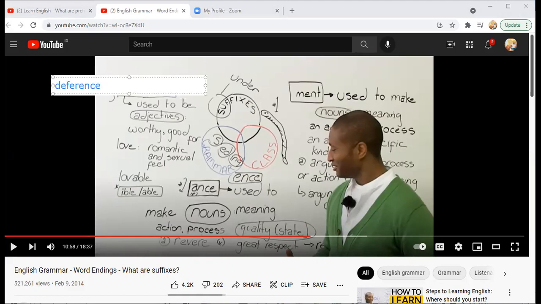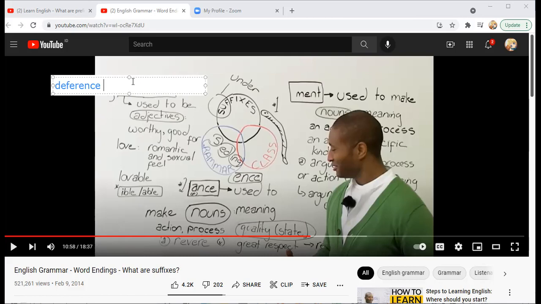Deference. Another example, right? As you can see, it's using E-N-C-E, not A-N-C-E. Deference. It means like, it's also the same, like a sense of respect.